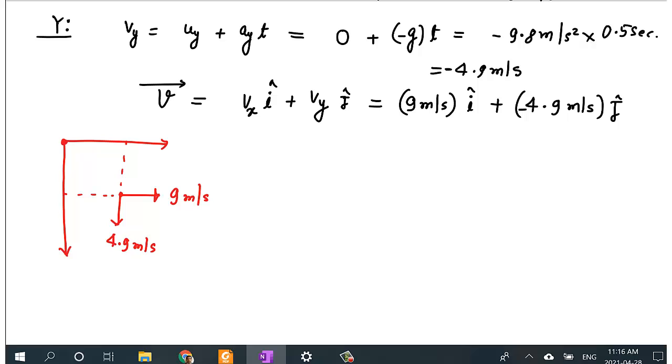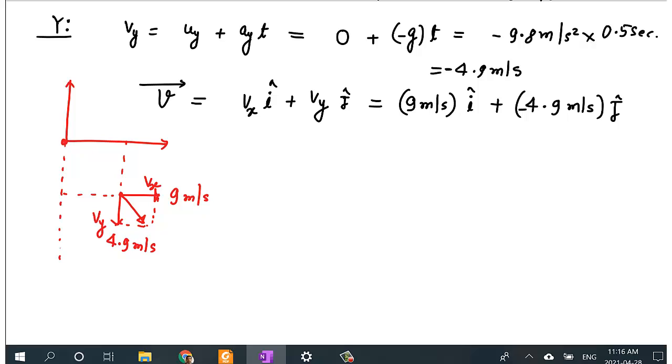The negative sign we already have shown by putting a negative direction of the y-axis. Basically in this case my y-axis is in the upward direction, so this is towards the negative side. The resultant velocity will be in this direction.